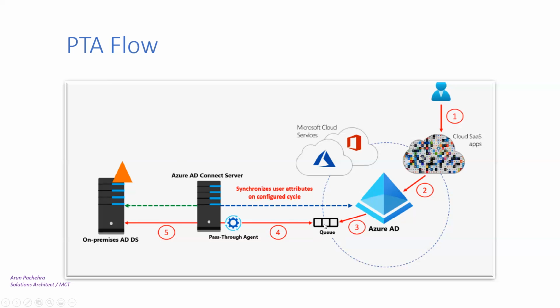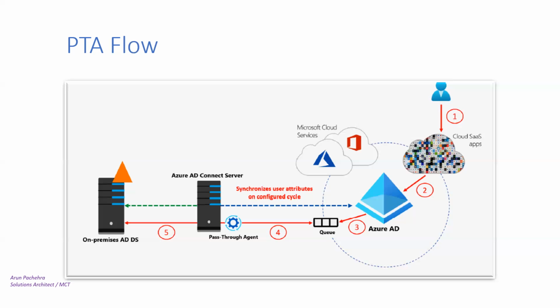Okay. An on-premises PTA agent retrieves the username and encrypted password from the queue over a pre-established persistent connection. See, the connection is not coming in; the agent is going out and picking information from the queue and coming back in.